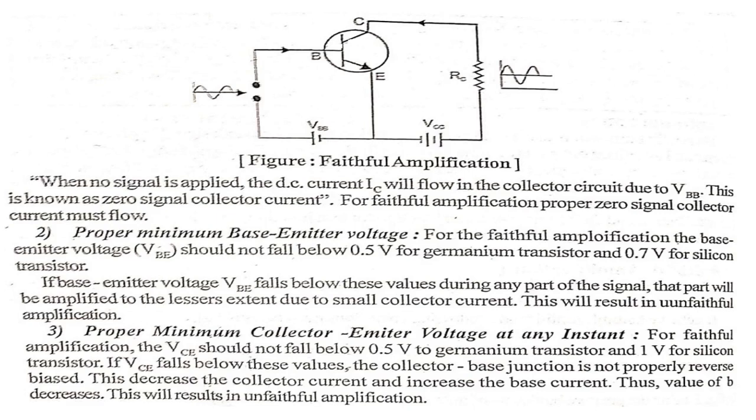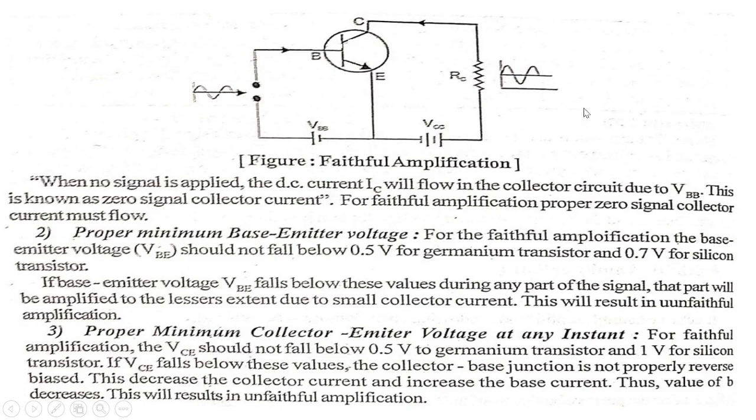The process of raising the strength of a small signal without any change in its general shape is known as faithful amplification. For faithful amplification, these conditions must be maintained: proper zero signal collector current, proper minimum base emitter voltage, and proper minimum collector emitter voltage.